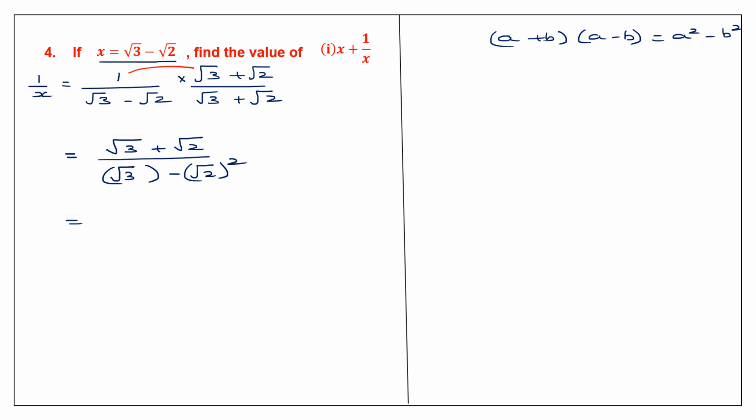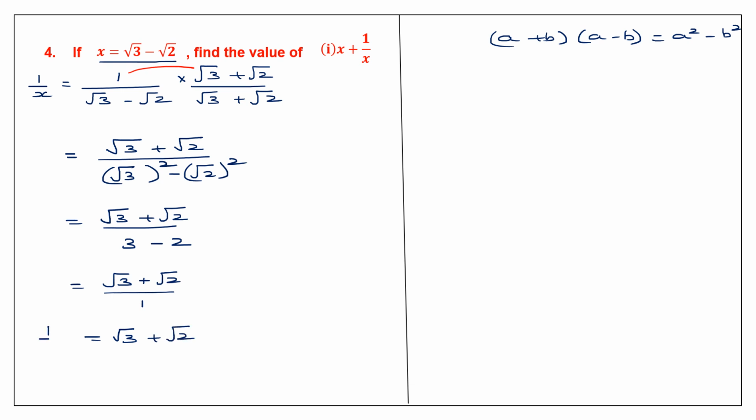So this is equal to root 3 plus root 2 by, now this is root 3 square, which is 3, minus root 2 square, which is 2, which is equal to 1. So root 3 plus root 2 by 1 is equal to the same thing, root 3 plus root 2.